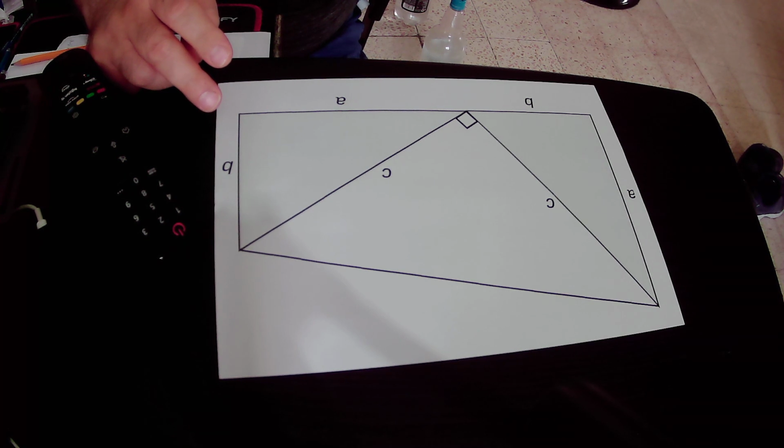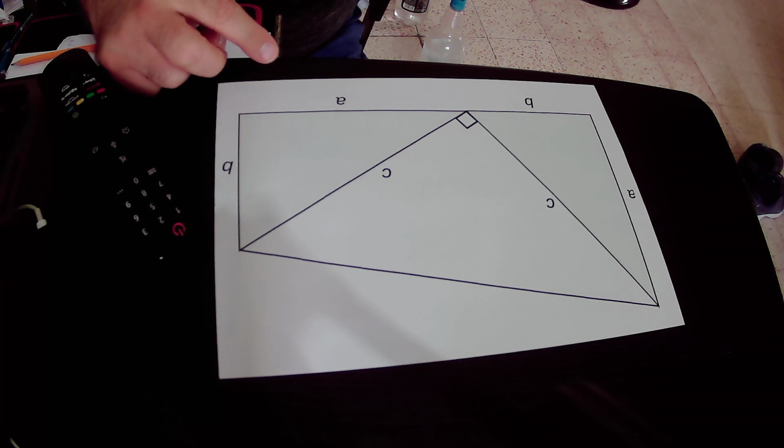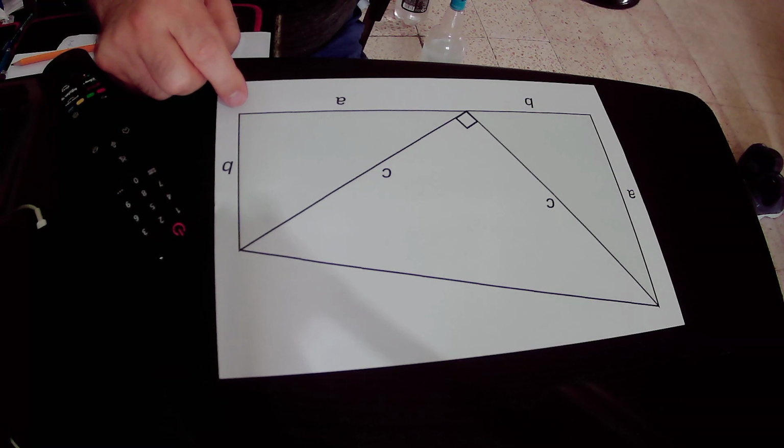we made line B that is perpendicular to line A, and the angle between side B and side A in the left triangle is actually 90 degrees.